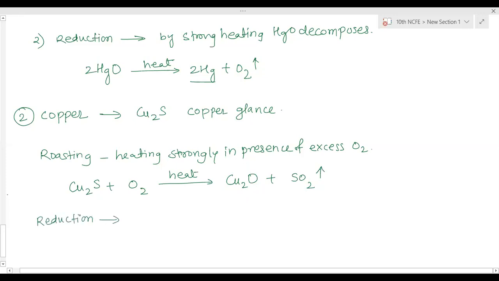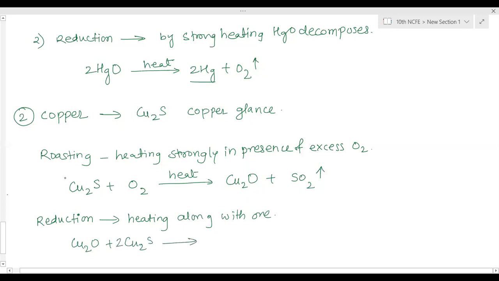This reduction takes place when it is heated strongly along with the ore itself. That is the auto reduction. So Cu2O combines with Cu2S.